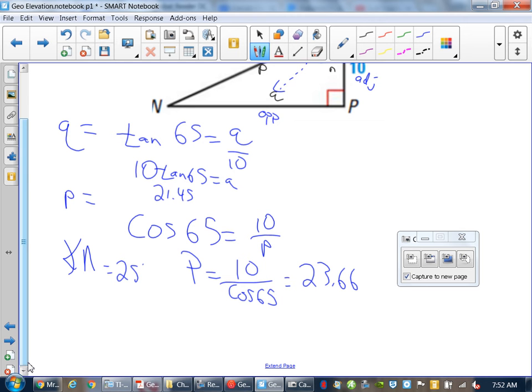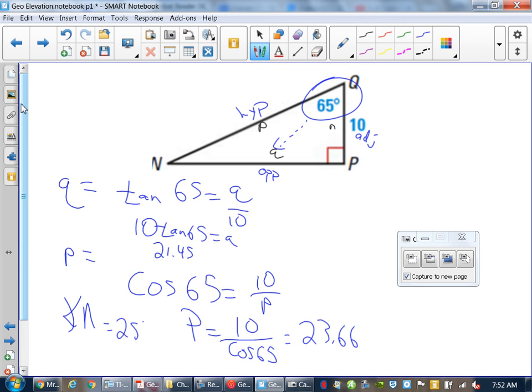Well, if you're trying to use, we have the 65-degree angle. The side opposite is that little q. The side opposite the p is the hypotenuse. So we're given, according to this 65, it's adjacent.